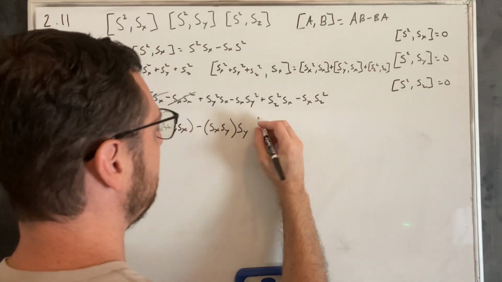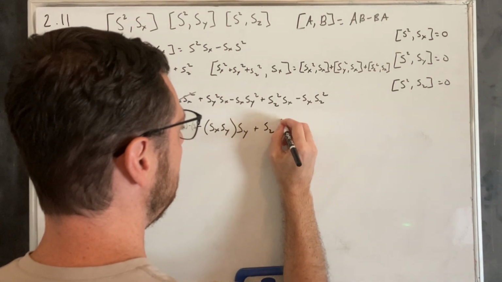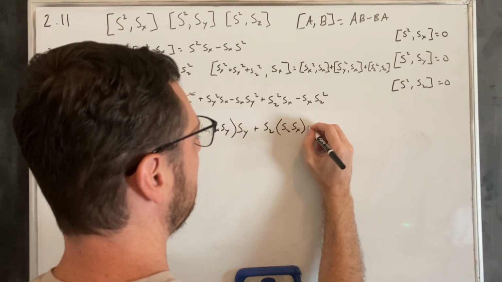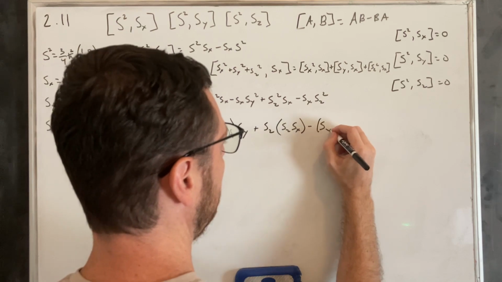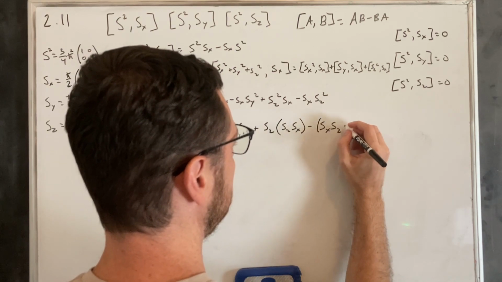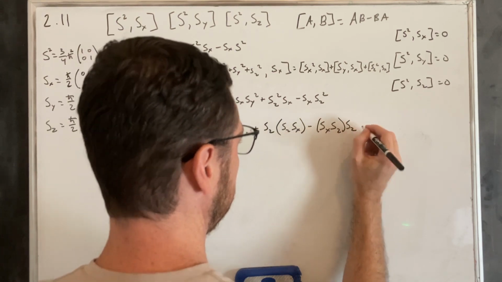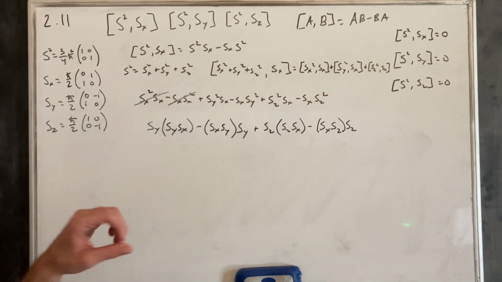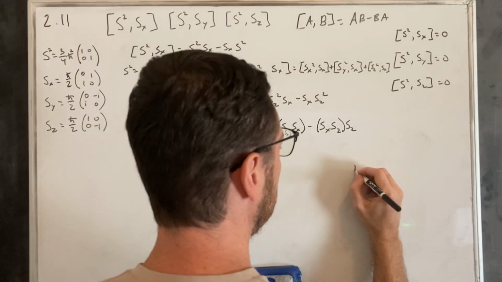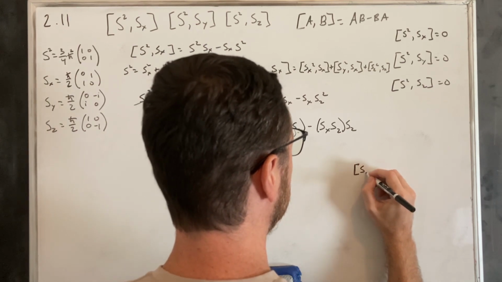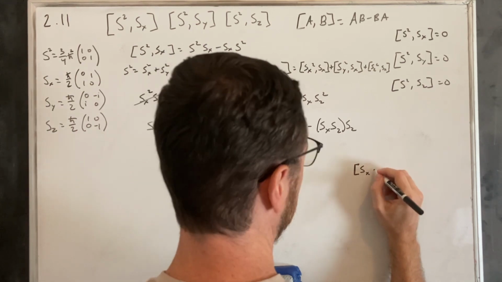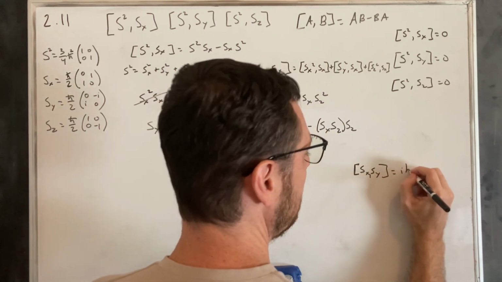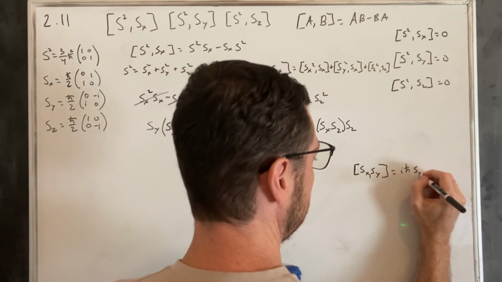All right, so then I'll do the same thing here. So plus Sz, Sz Sx minus Sx Sz, Sz. All right, so now we know that the commutator of Sx and Sy is equal to i h bar Sz.